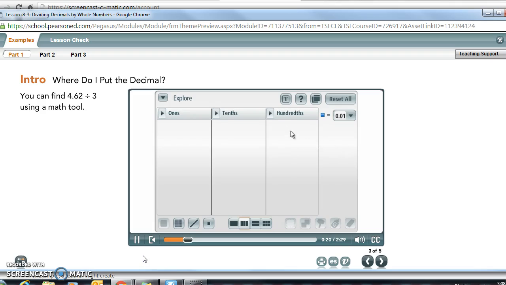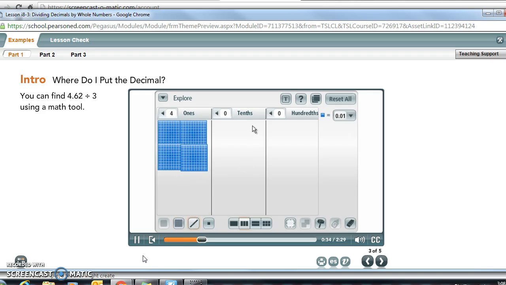Notice that as we change the value, the names of the place values at the top of each column update to match the new place values. To model the dividend, we need to place 4 ones in the ones column, 6 tenths in the tenths column, and 2 hundredths in the hundredths column.